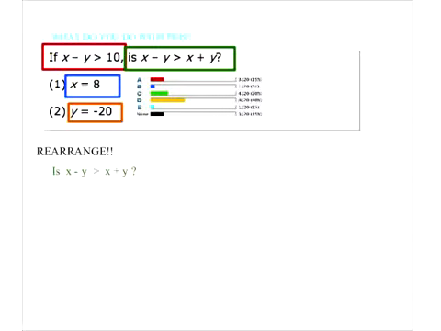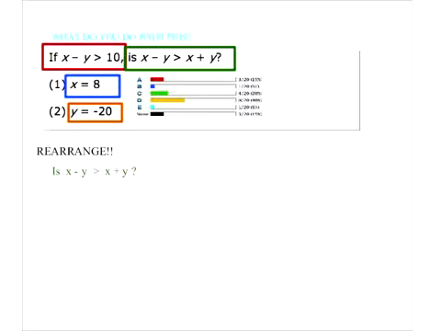Now, what is statement 1 really in the text box? What actually is statement 1? Statement 1 is not just x equals 8. It's actually x equals 8 and what else? Please tell me in the text box. Yeah, so it's the blue and the red part.